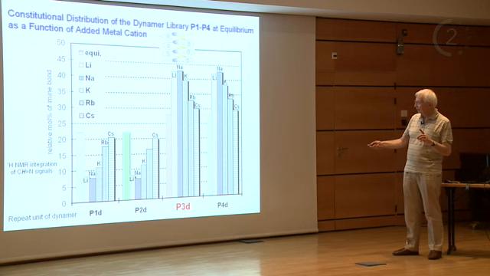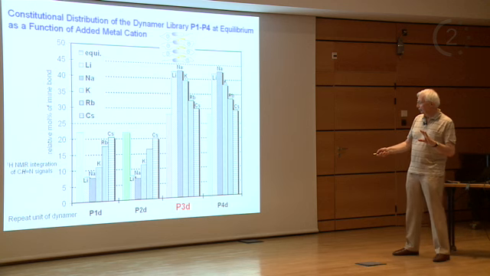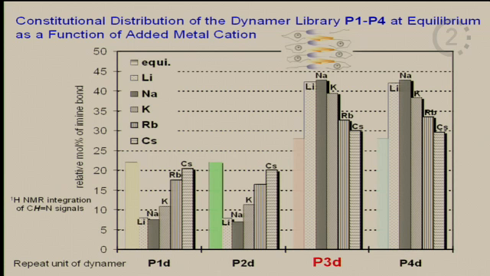In absence of any metal ion, this is the amount of P1 you have, about 22%. That's the amount of P2. You can see that in an NMR spectrum by looking at the imine signal. That's the amount of P3. That's the amount of P4.